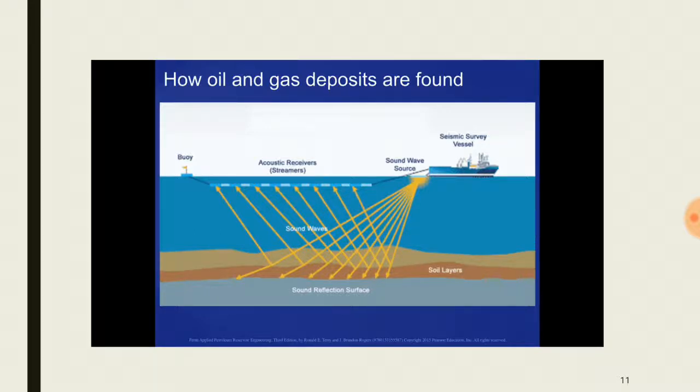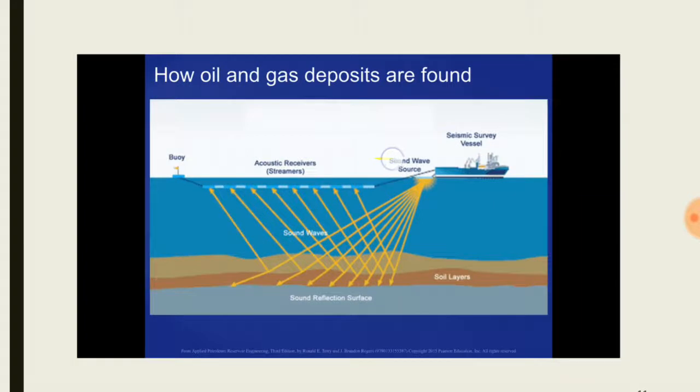Their frequency or energy will be recorded by something called geophones, which are found on the earth's surface. Like here, for example, there is a coastal receiver, so they will receive the signal from the sound waves which have been emitted down the sea.